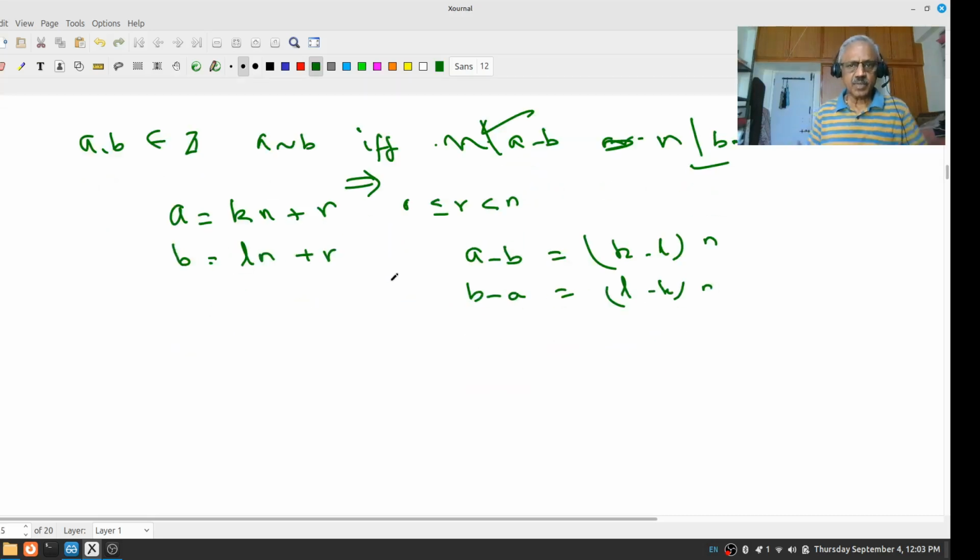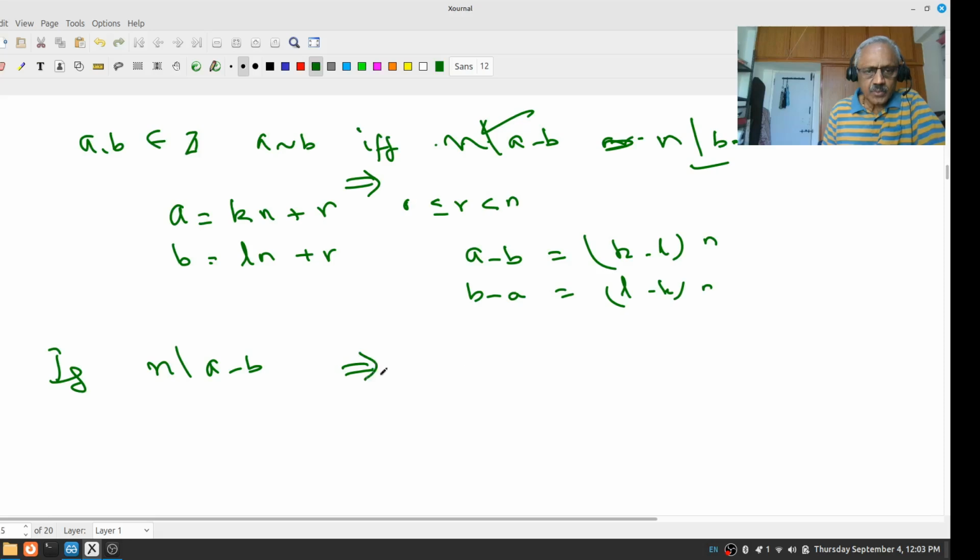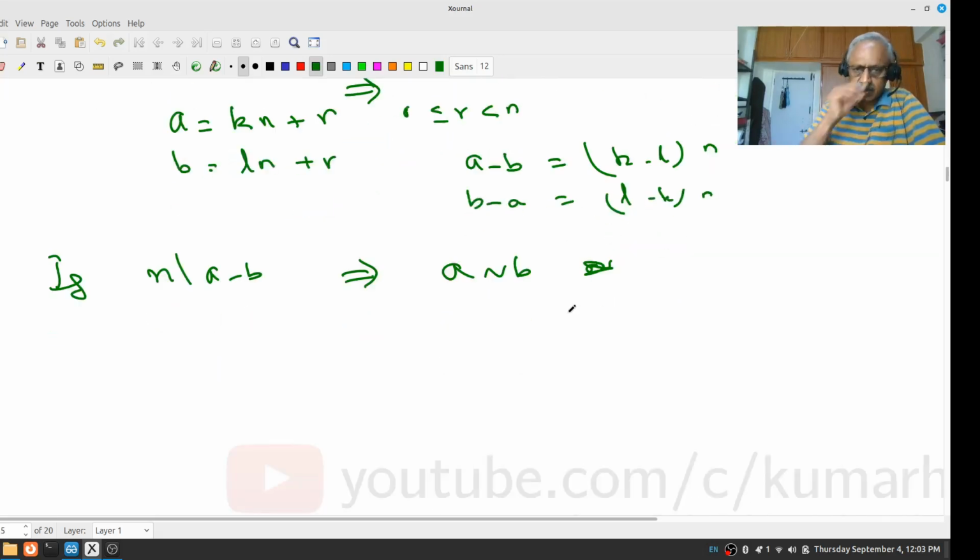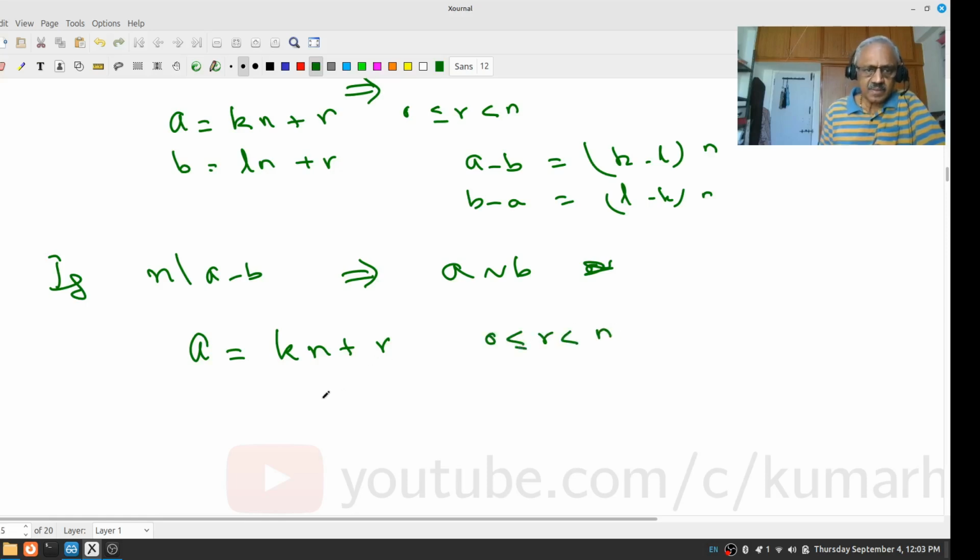The next thing I want to prove is, if n divides a minus b, we want to prove a is related to b, or b is related to a, because it's symmetric. How will I do that? By the division algorithm, I can write a as kn plus r, 0 less than or equal to r less than n. These are all unique, and we are using that fact.